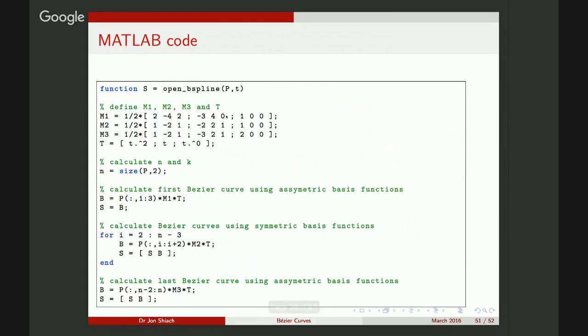Then from 2 to n minus 3, we've got all the ones in the middle. We keep calculating them using different columns, and then just add them to the end of our spline, S. And at the end, we use M3, and again, add it to the end.